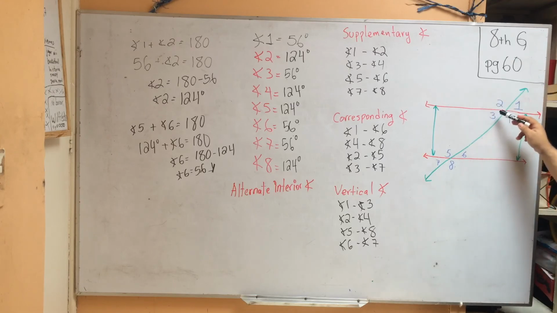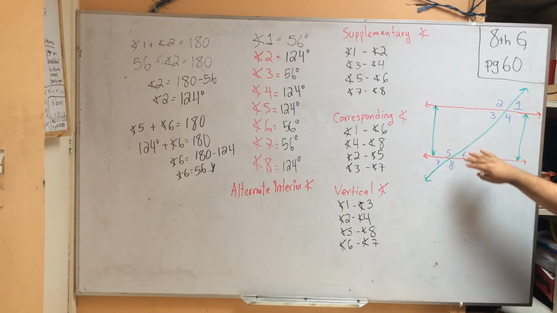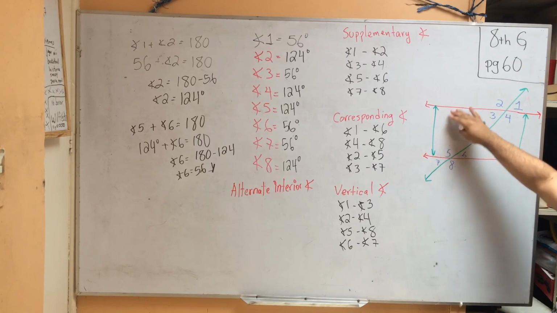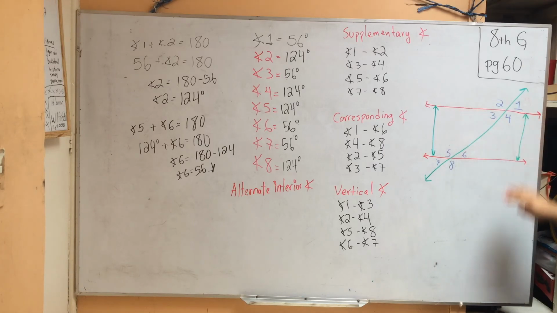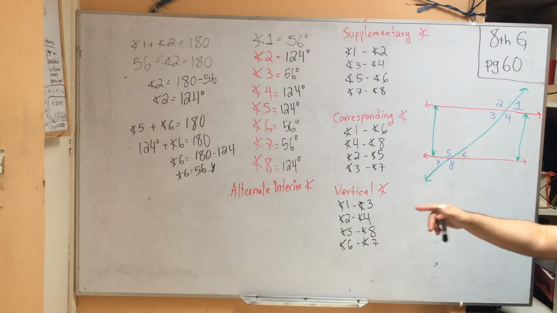So that means that alternate would be 3 and 6 and 5 and 4. And since we are only talking about the space in between the parallel lines, that means that they are interior.